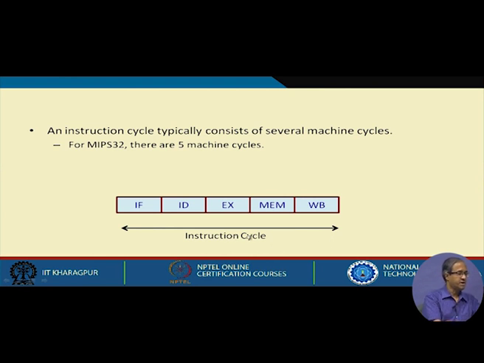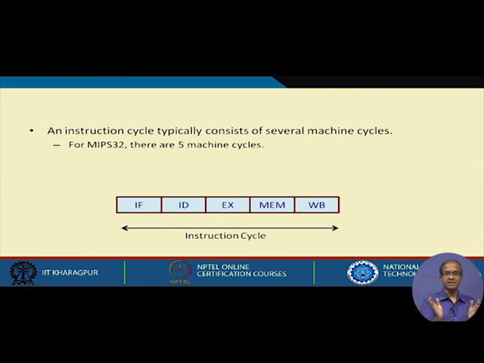Now, let us look at an instruction cycle. In MIPS 32, you recall the instruction cycle consists of 5 steps: IF, ID, EX, MEM and WB. These are typically called machine cycles. So, an instruction cycle typically comprises more than one machine cycle.